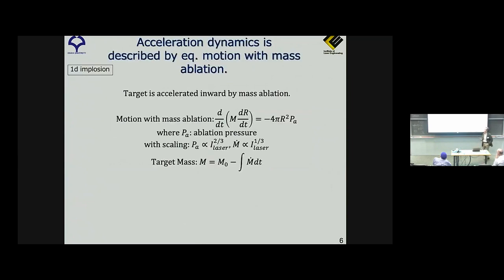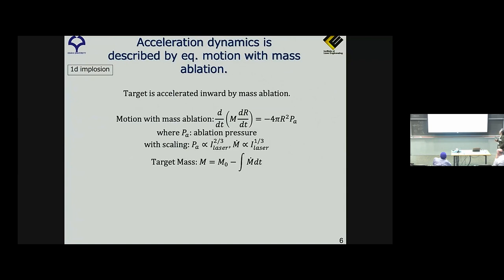Okay, acceleration. Target acceleration is well described by a simple equation of motion with mass ablation. This is simply momentum, and momentum change is caused by the force, that is the pressure times surface area.